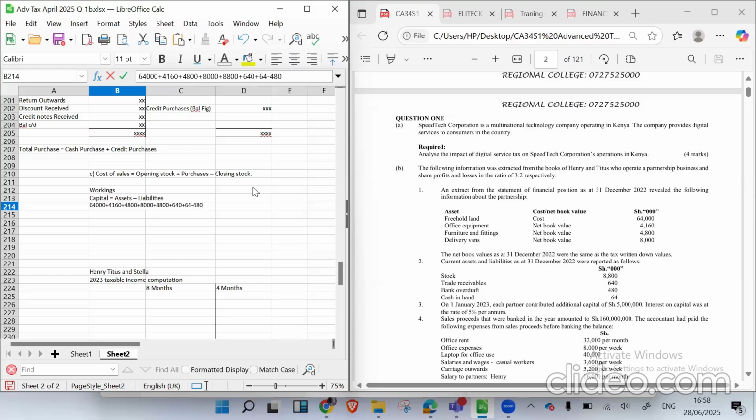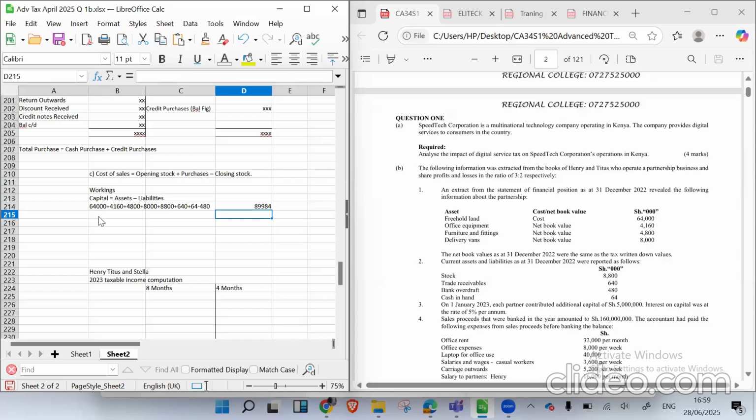I think that in hizo tuko nazo. So the opening balance of our capital becomes 89,984. Hiyo ndo alisema alishare equally.